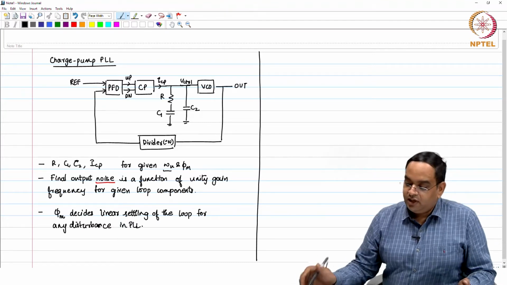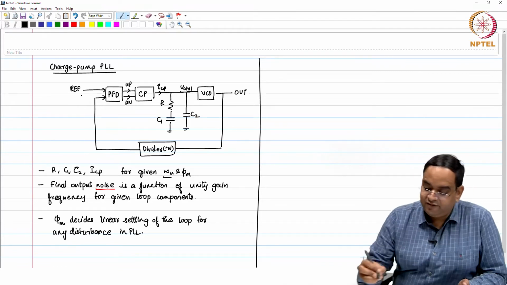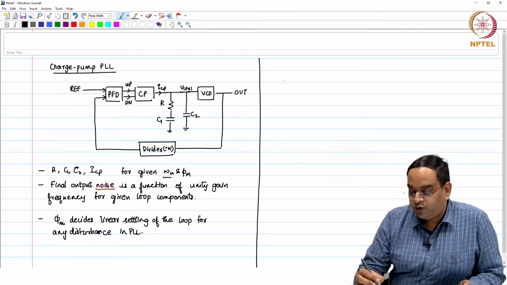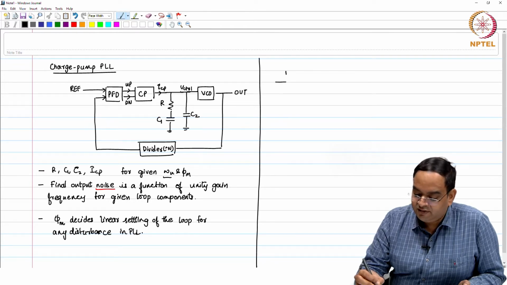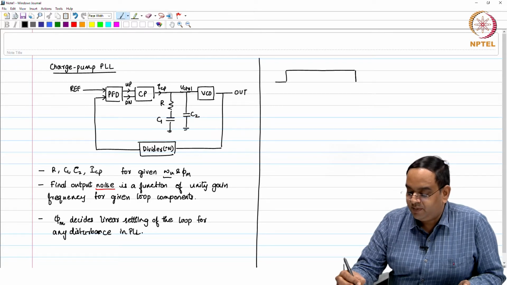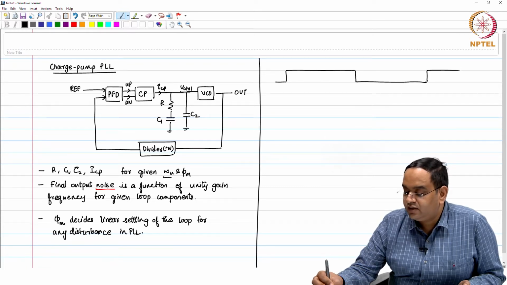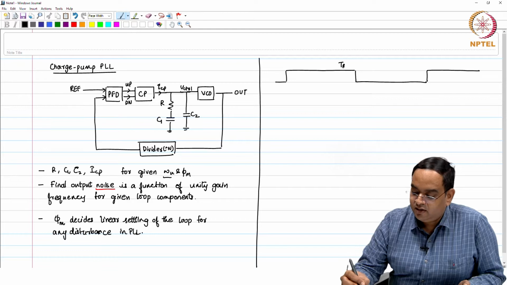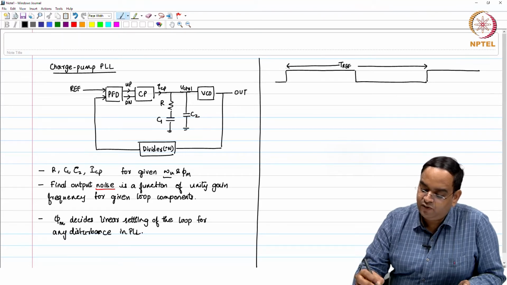In the case of PLLs, we use a reference clock and we get an output clock. Let us say our reference clock is like this, just as an example. We feed in a clean reference clock whose period is ideally fixed. This is the kind of reference clock which we feed in.